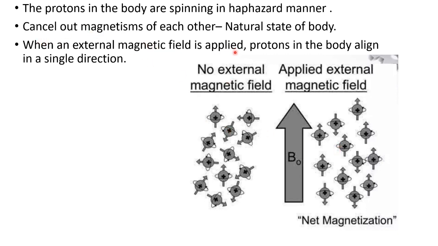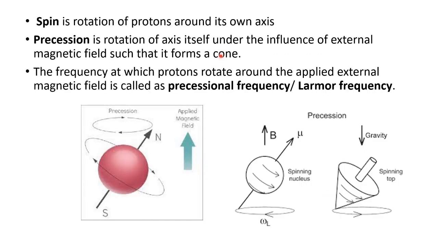When an external magnetic field is applied, like B naught, all of the spins are arranged either in a parallel or anti-parallel direction and they interact with the magnetic field. What is a spin? Spin is the rotation of protons around their own axis.